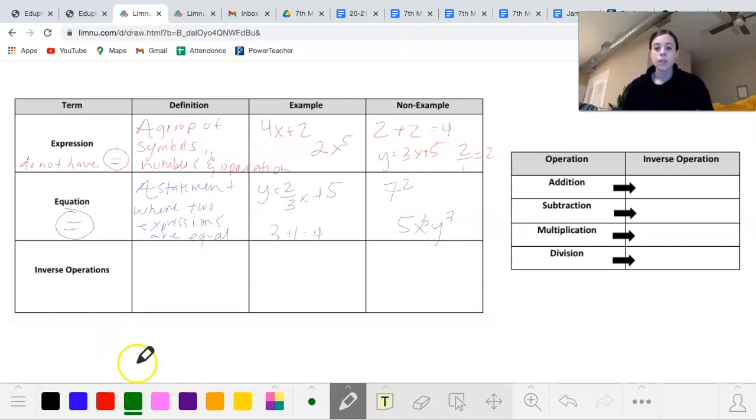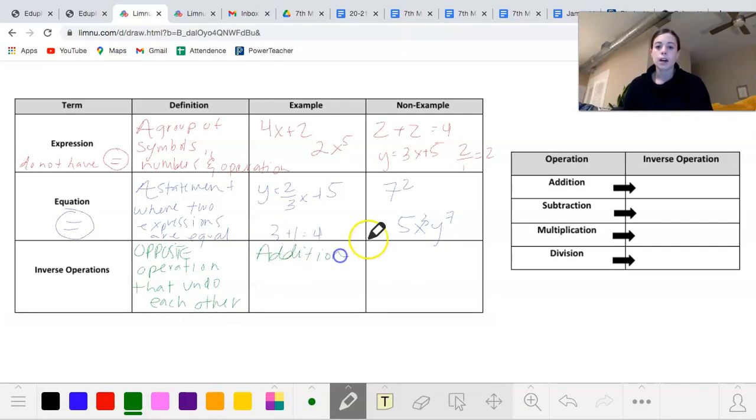Now, inverse operations are opposite operations that undo each other. If I'm looking for an example, let's think about addition.